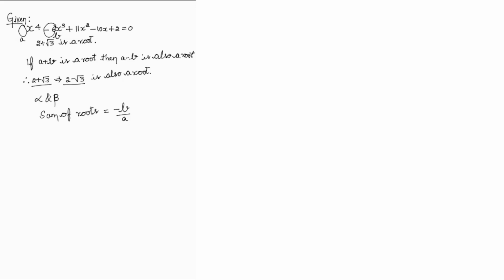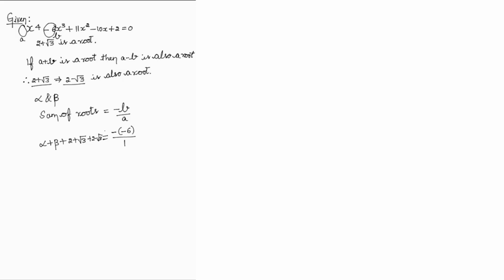Okay, so according to this, b is minus 6, so minus of minus 6, and a is 1, so this is 1. On the left hand side we will add all the roots, which is alpha plus beta plus 2 plus root 3 plus 2 minus root 3.